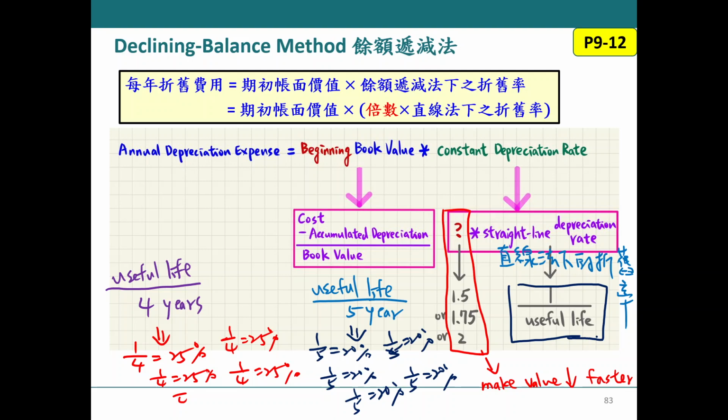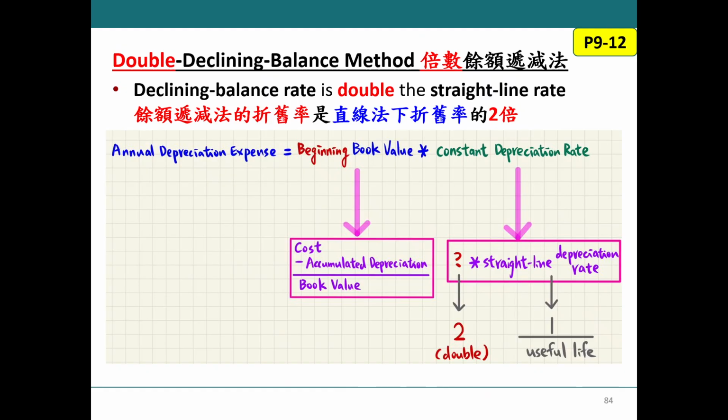Okay, any questions? So when your company decides to choose 2, 2 times, we'll give it another name: double declining balance method, 余额递减法. When you decide to choose 2, here, double, so we call it double declining balance method, okay?